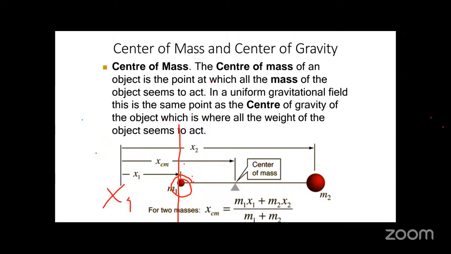It means that this is 0. So you are going to have only that equation, m2 x2 over m1 plus m2. That is what you are going to have. Okay. Yeah.